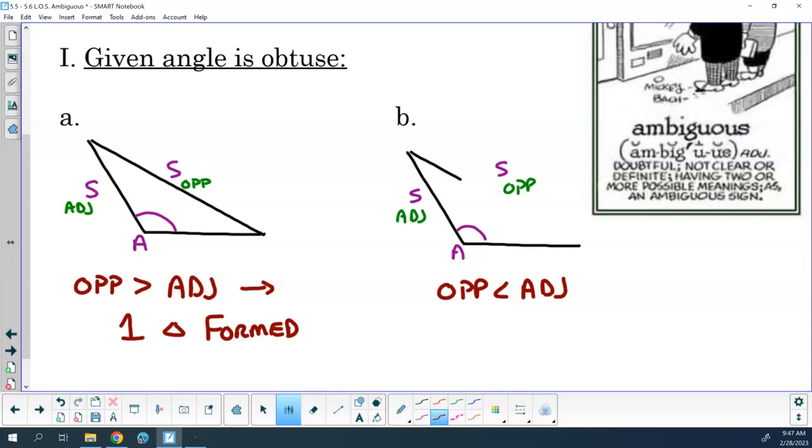If our angle is obtuse, that means the opposite side has to be the longest. So there can't be any longer sides in it. So if that's the case, then no triangle is formed.